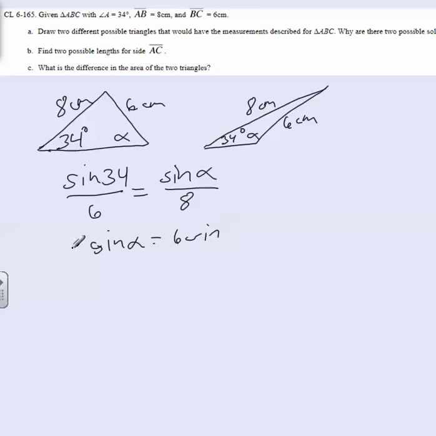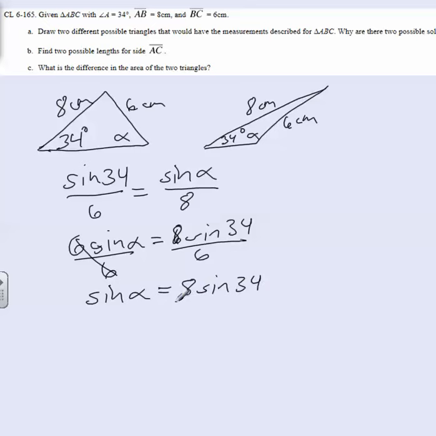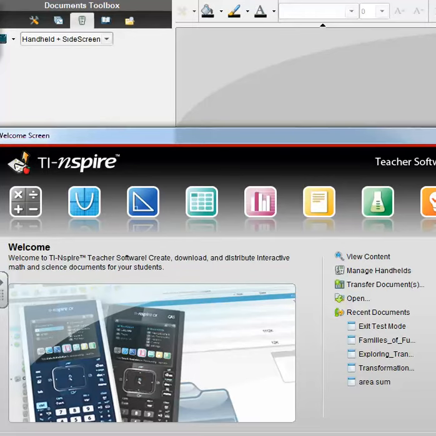It's actually 6 sine of alpha equals 8 sine of 34. And then we can divide both sides by 6. So sine of my angle is going to equal 8 sine 34 divided by 6. And we need to do the inverse sine. So let's pull up a calculator.